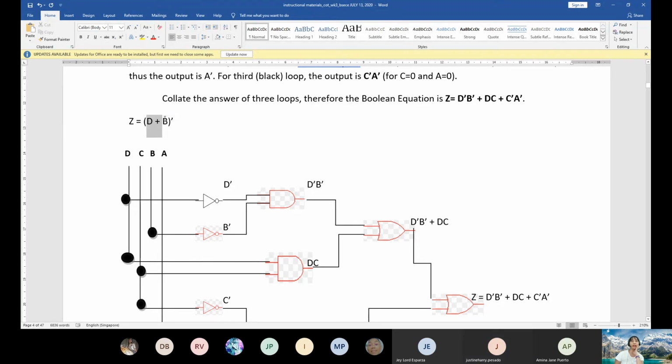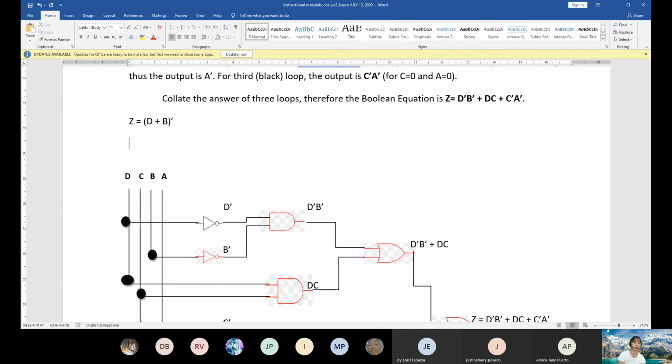D plus B is an OR gate, then an inverter. So this is actually a NOR gate. Okay, so this is actually a NOR gate. The operation is different. So you can further simplify the equation. Using De Morgan's principle again, D prime B prime can be equivalent to a NOR gate.